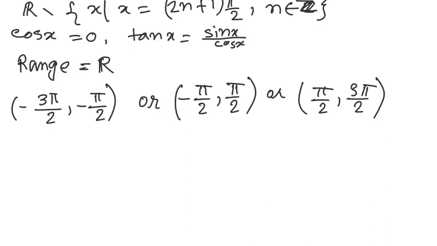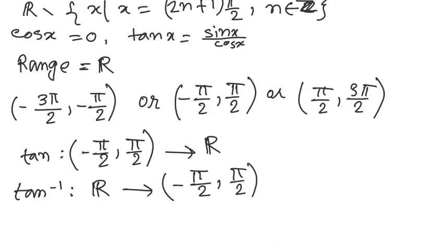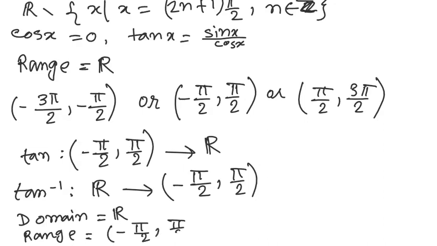In order to make tan x a bijective function, we generally consider the domain of tan x as minus pi by 2 to pi by 2, and the range as the set of all real numbers. Therefore, tan inverse is defined from the set of all real numbers to the open interval minus pi by 2 to pi by 2. Therefore, the domain of tan inverse x is R, the set of all real numbers, and the range is the open interval minus pi by 2 to pi by 2.